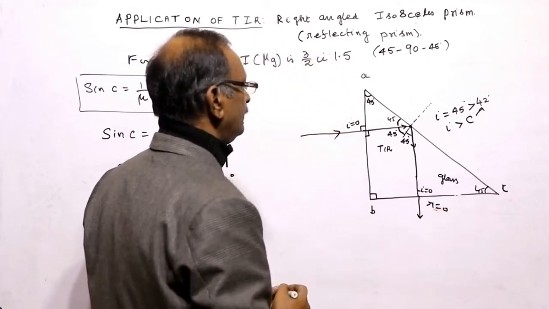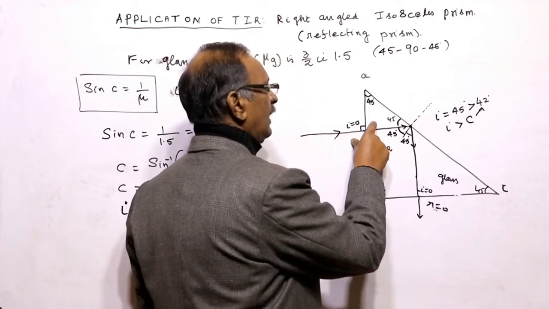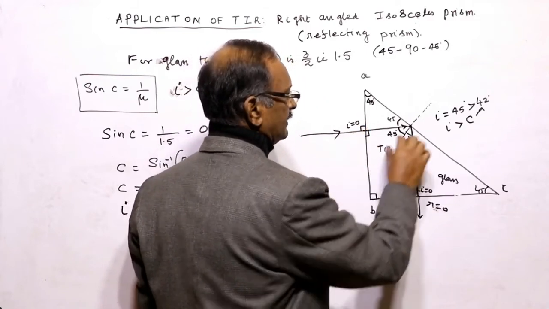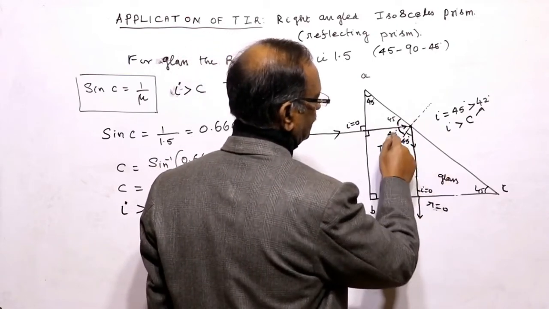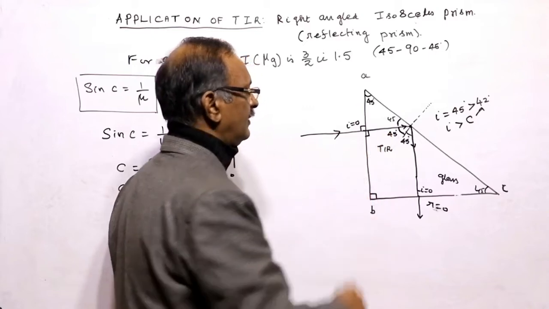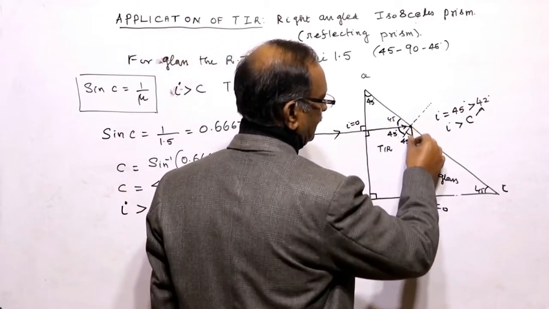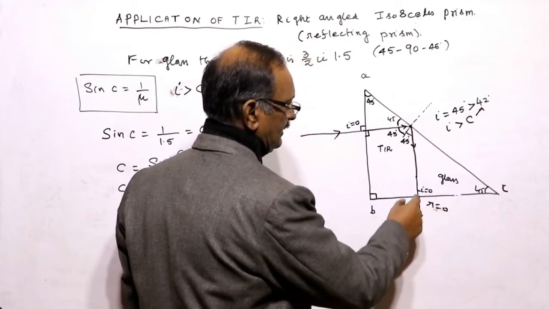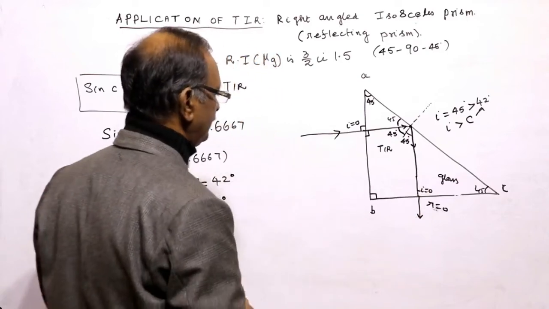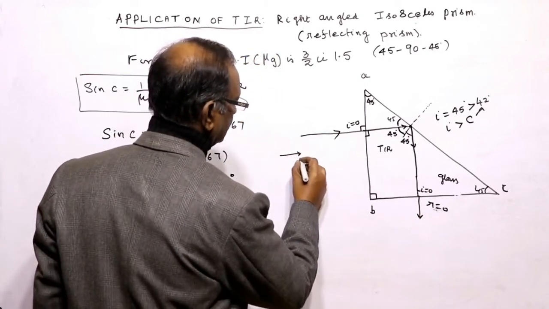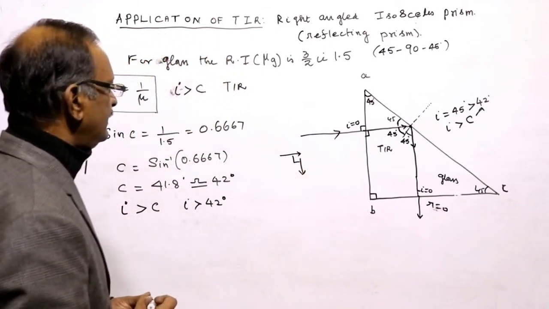So the light will undergo refraction at this face with 0 angle of incidence and 0 angle of refraction. It will undergo total internal reflection at the other face because the angle of incidence is 45 degree, which is greater than the critical angle, and exactly with the same angle it will be reflected, and here it will be refracted, but it will go undeviated. In this way, the ray is going this way, it is deviated this way. The angle between incident and emergent ray is 90 degrees.